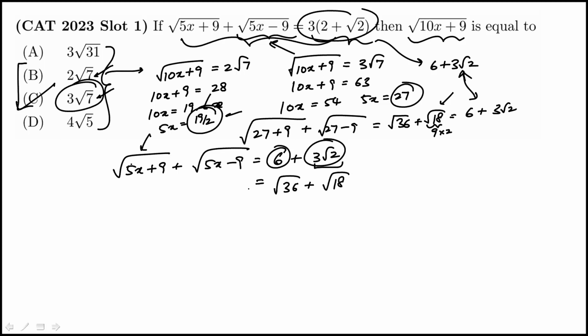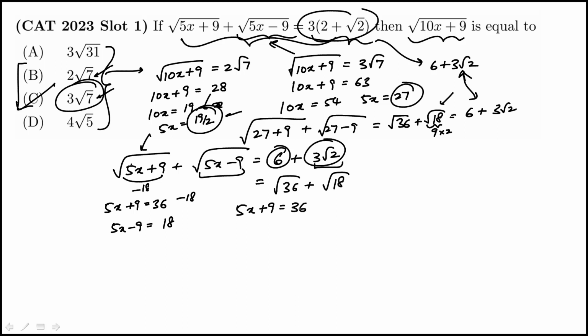That's square root of 18. And you'll notice this is 5x plus 9. So if 5x plus 9 is 36, does that work out to 5x minus 9 being 18? Well, 5x plus 9, so if I subtract 18 from both sides, it does work out. So that means 5x plus 9 is indeed 36.